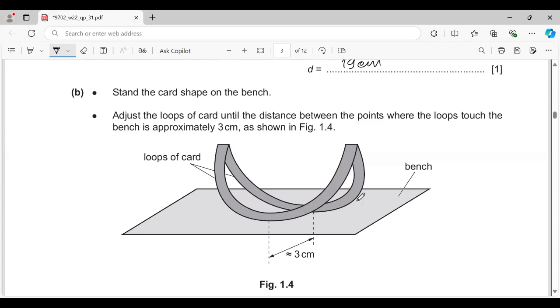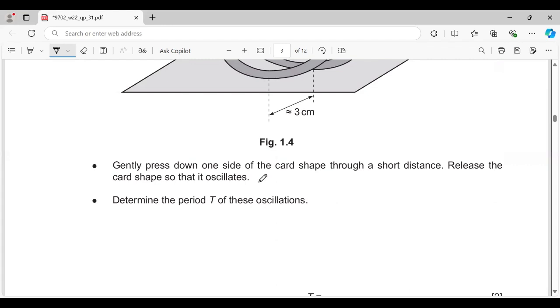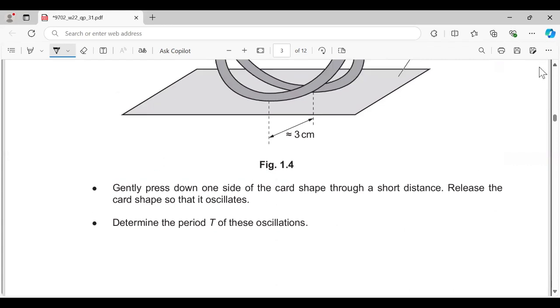But for me, I arranged 3 centimeters, the distance between this point and this point. And the next step, gently press down one side of the card shape through a short distance.